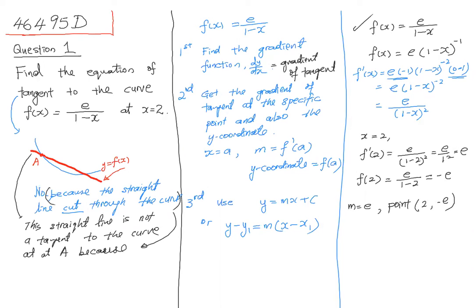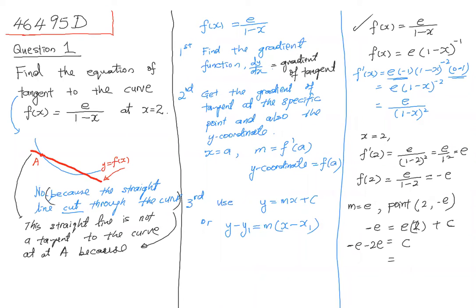So y, I sub in, equal to m, x is 2, plus c. Okay, so from here, I get the value of c. So negative e minus 2e equal to c.